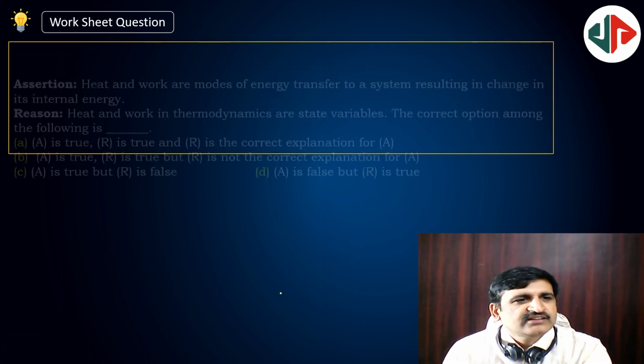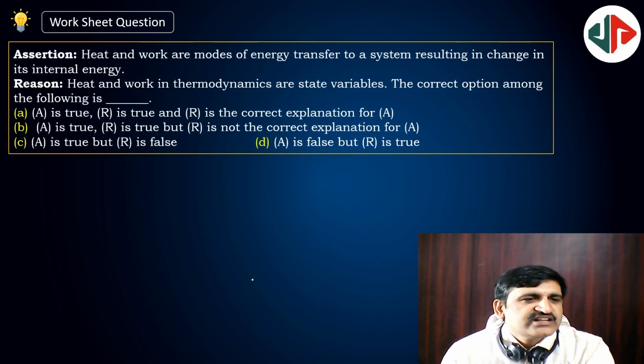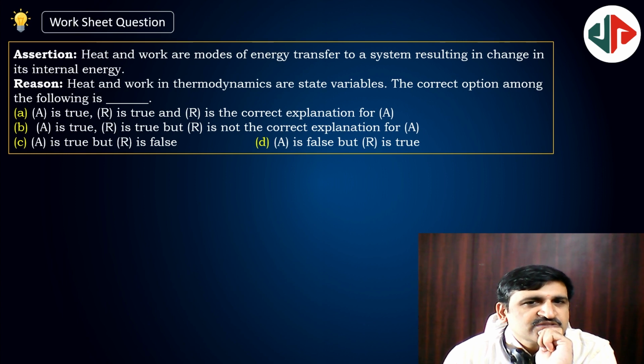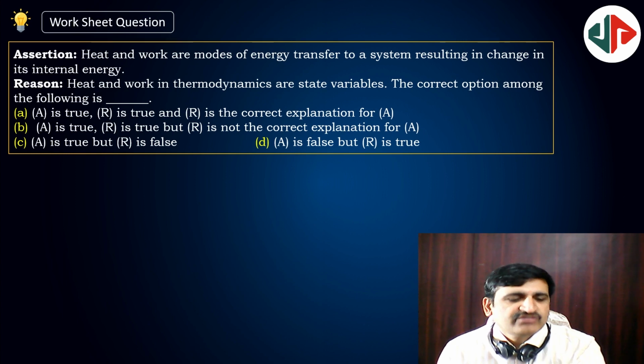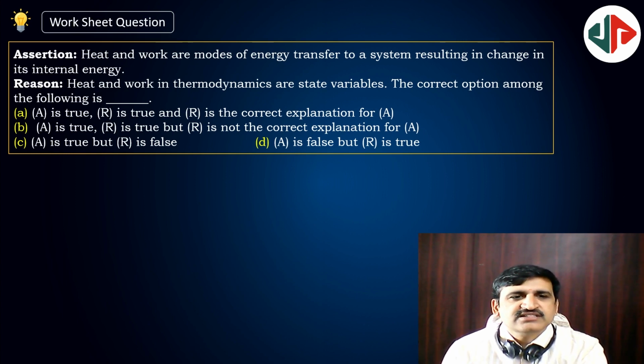Next, assertion and reasoning. Assertion: heat and work are modes of energy transfer to a system resulting in change in internal energy. Reason: heat and work in thermodynamics are state variables. The options are: A is true, R is also true and the correct explanation, and so on, and the last one is A is false and R is true.